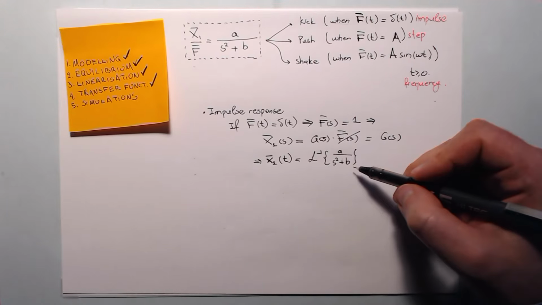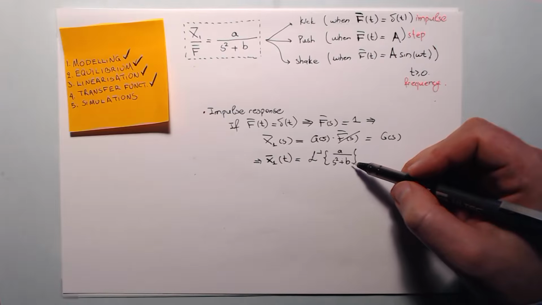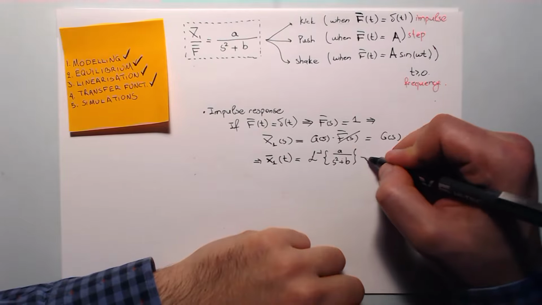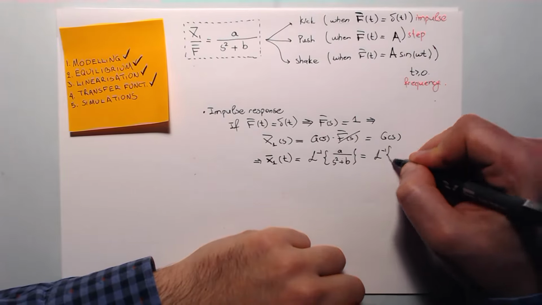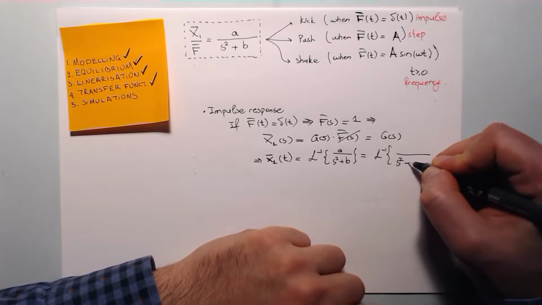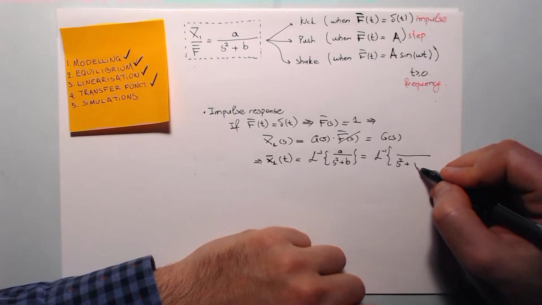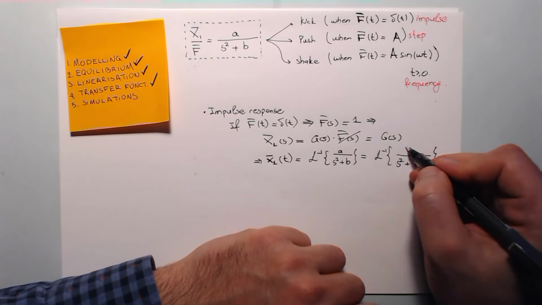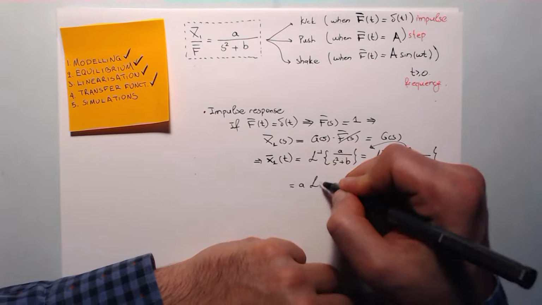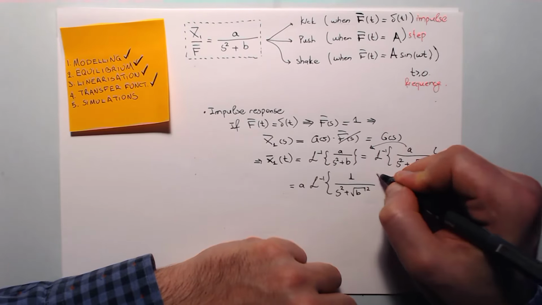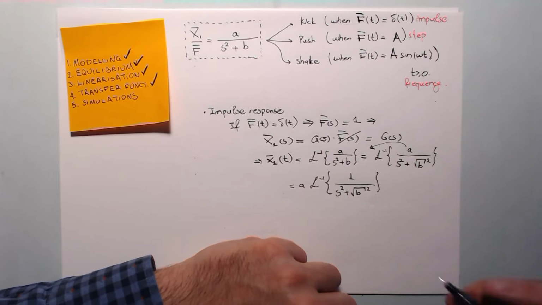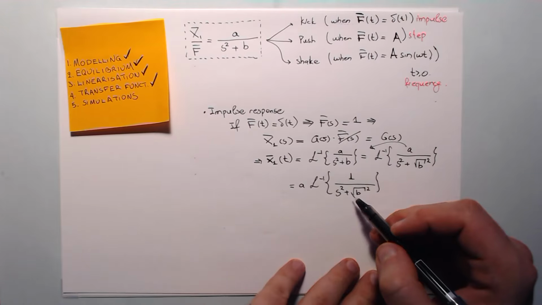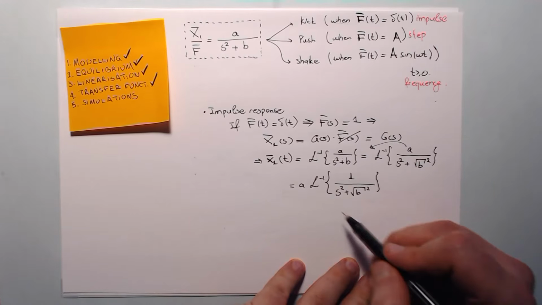This looks like the inverse Laplace transform of sine of omega t for some omega, but we have to be really careful here. S squared, we need a square here. So put a square root and the square. Take a for a moment outside and put 1. Now what is the inverse Laplace transform? The inverse Laplace transform of what exactly is a sine?